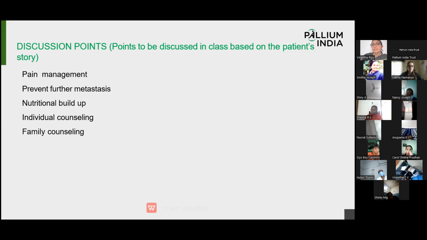Let us manage her symptoms more, because we may not have much to do regarding her metastasis from a palliative perspective. But if her disease does progress, we can definitely change our management according to that. Okay. Nutritional buildup. So what are you going to advise her regarding nutritional buildup?